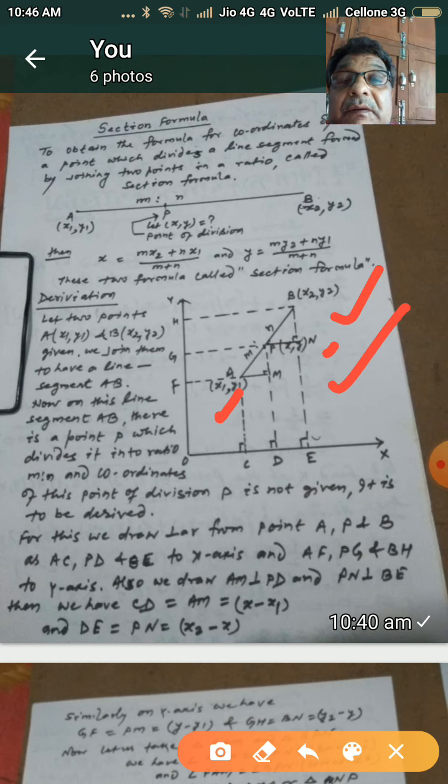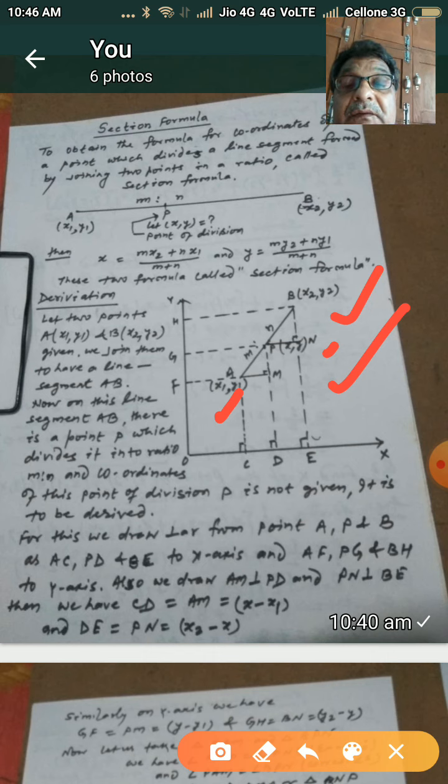Now as per the rule of coordinate geometry, where these perpendiculars meet the x-axis, that coordinate will tell the distance of that point from the origin. So clearly OC is equal to x1, OD equal to x, and OE equal to x2.